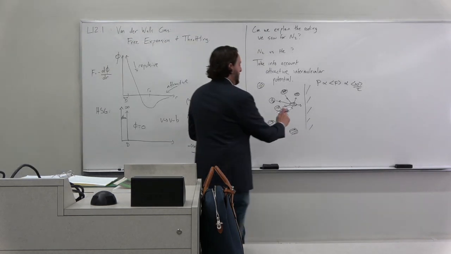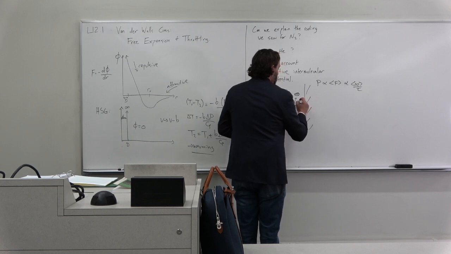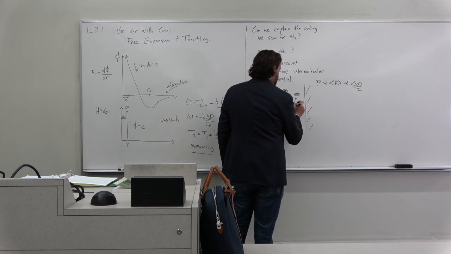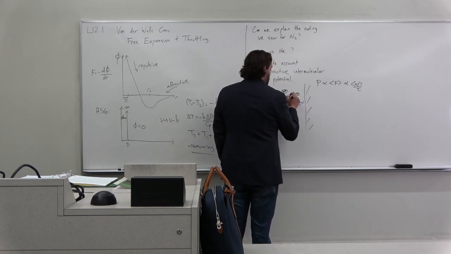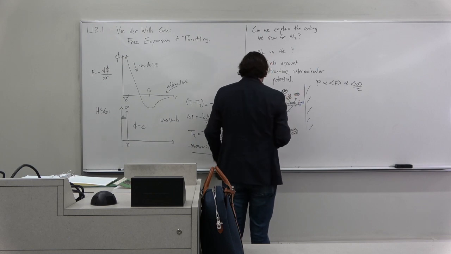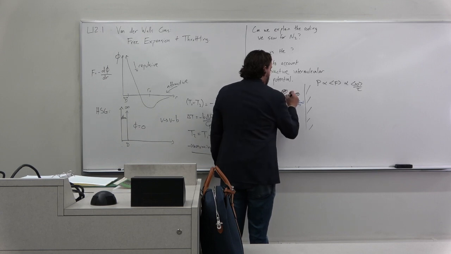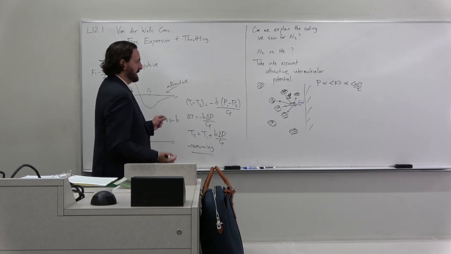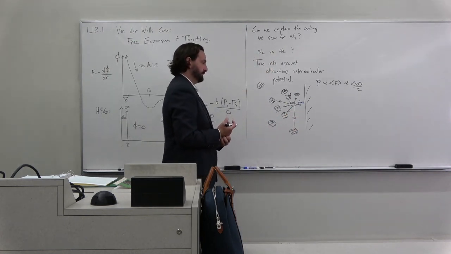So let's imagine this one was my p equals mv. That was my momentum. But these are all parts of my minus partial phi, partial r, or these are all my minus d phi dr. So there was some potential, and it's attractive, so it's pulling these, right?